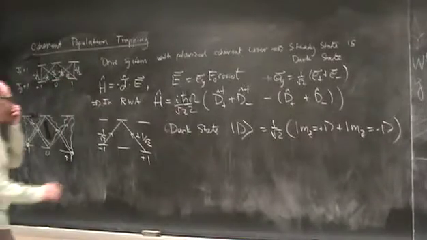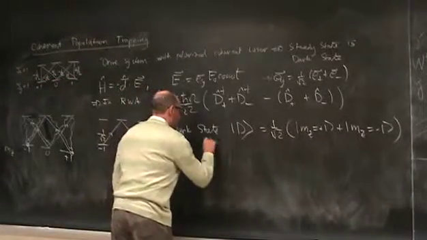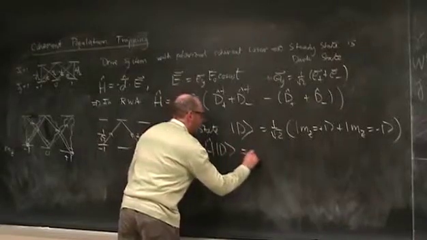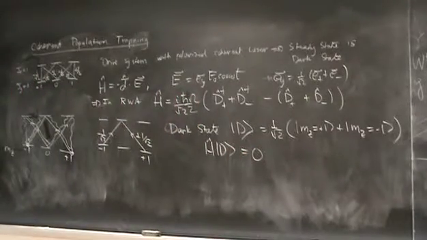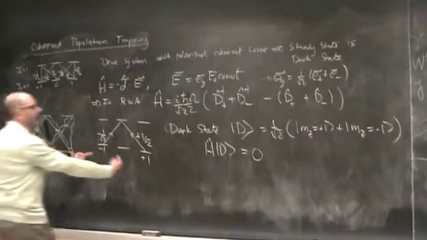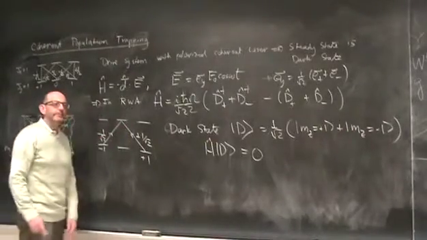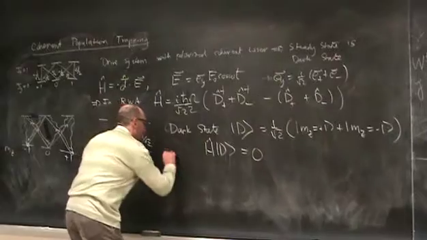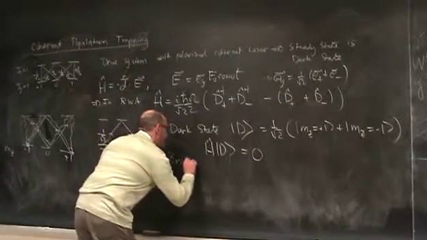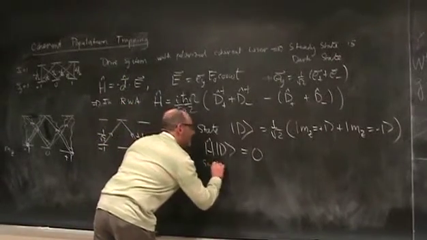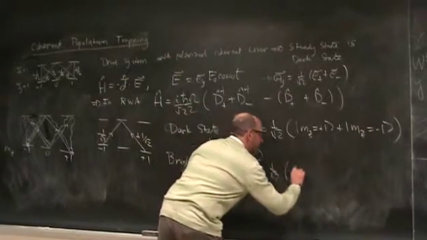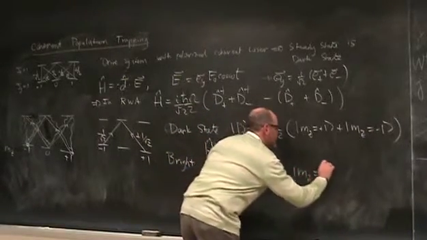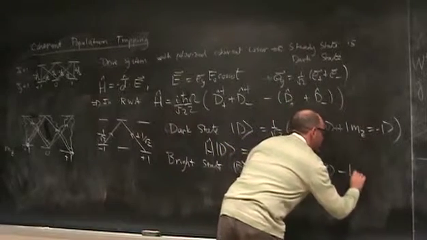That state is not coupled by the field, because these two paths destructively interfere. There is an orthogonal state, which we call the bright state, which is the antisymmetric combination of these.